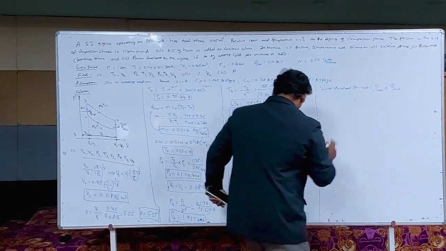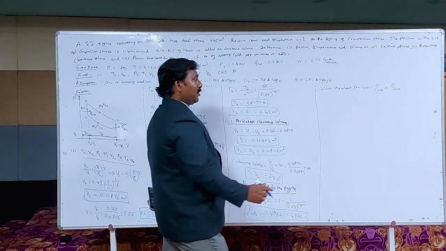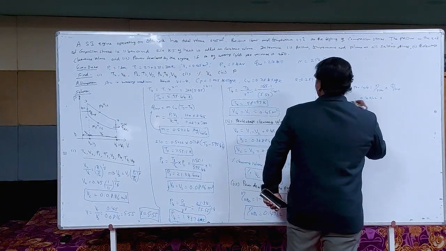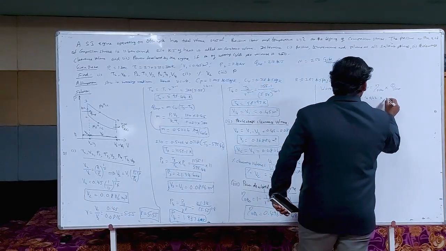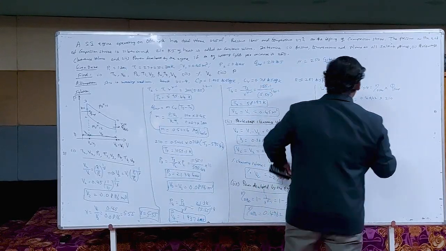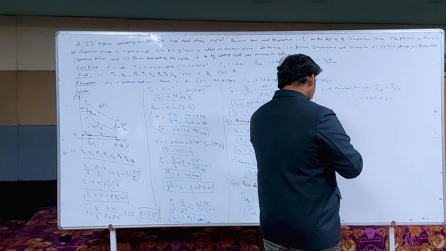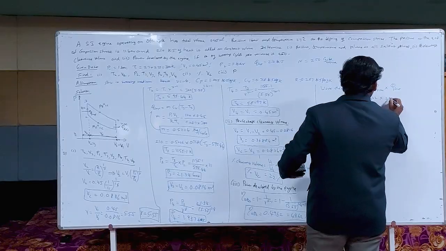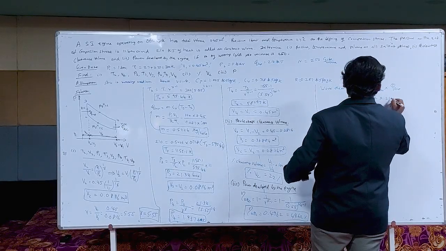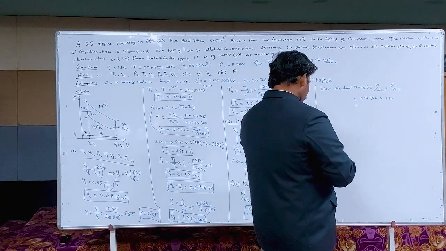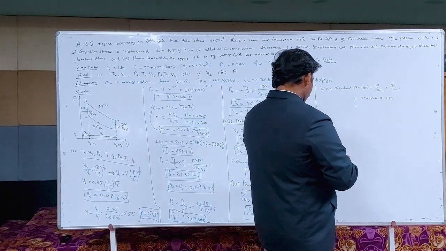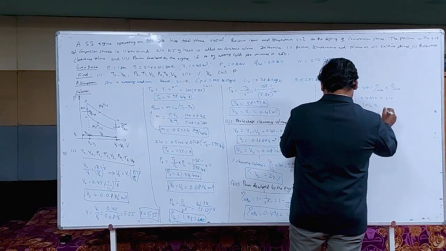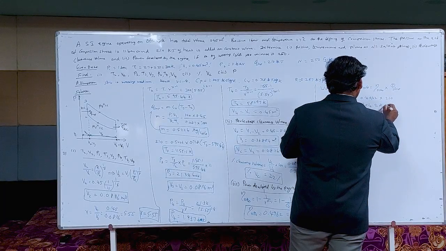We know the efficiency of the Otto cycle as 0.4962, and the heat supplied is 210 kilojoule. So 0.4962 into 210, we get 104.2 kilojoule.